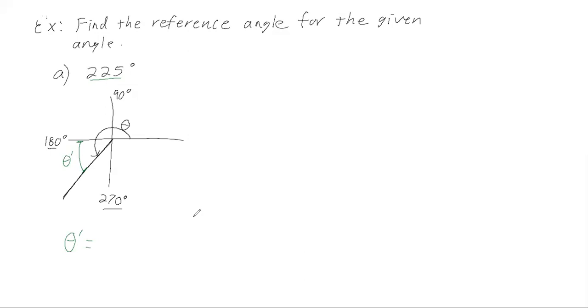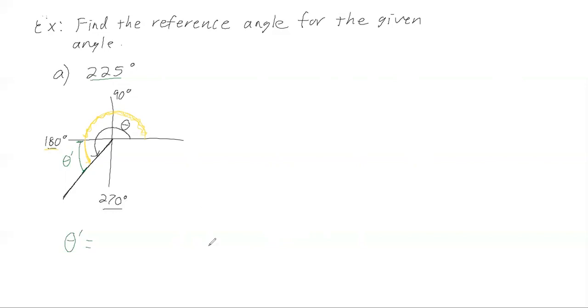Instead of memorizing those formulas I just gave you, what I actually do is I just think about them each time. I say, okay, the way we would find that theta prime angle is we would say, okay, all this is theta, and then take away this part, and I'm left with this theta prime measure. So it'd be theta minus all this part, and what's all this part measure? 180 degrees.